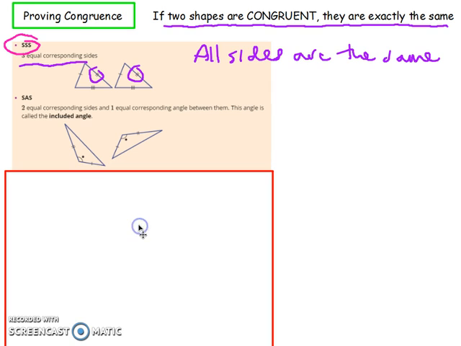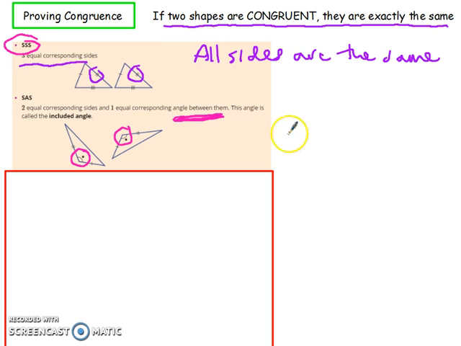Our second congruency test is we can check. We might not know all three sides, but we know two sides, and we know that the angle between them is the same in both. So we know that two corresponding sides and one equal corresponding angle between them, that's important, it's got to be the angle between them, is the same.